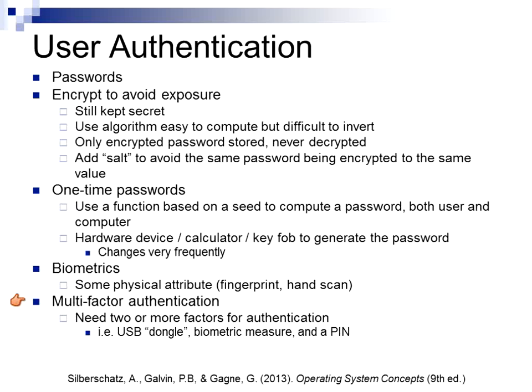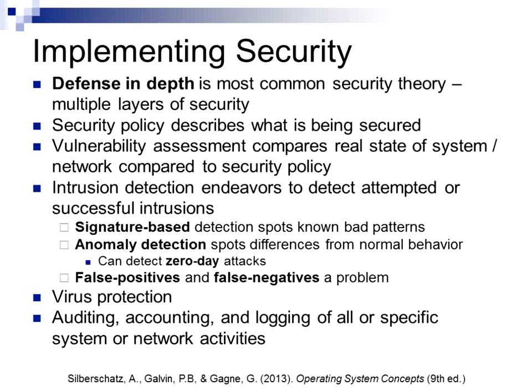And then you can have two-factor or multi-factor authentication, where there are two or more things used. You might have a hardware device plus the biometrics plus a PIN, if you want to really ensure that things are secure. And you really want to ensure that the user is who he or she says they are.